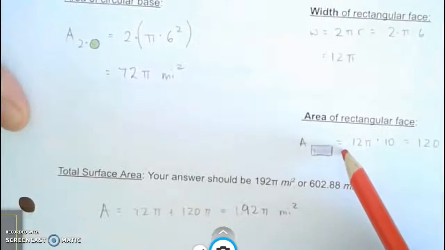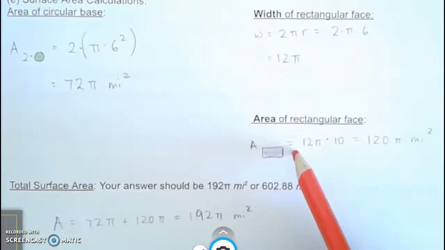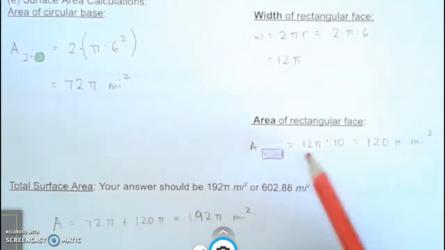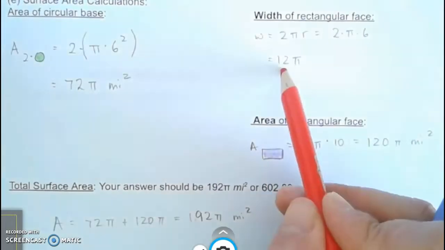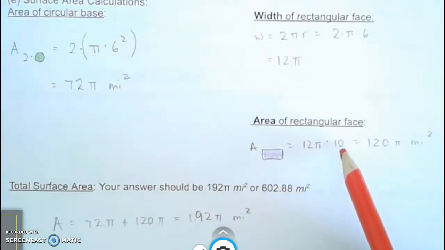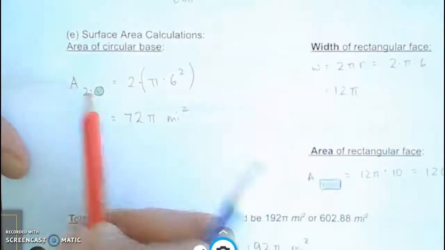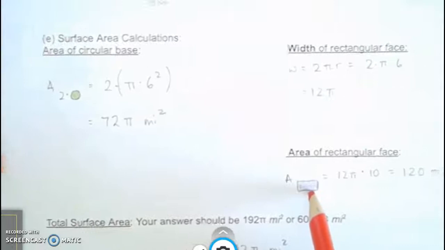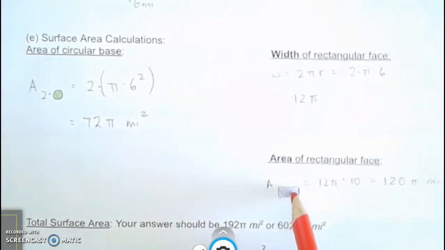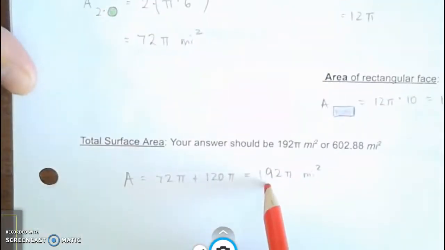And the area of the rectangular face, the lateral side, is 12 pi, the width, multiplied by the height, which is 120 pi miles squared. So the total surface area is you just add the surface area of the 2 circles plus the surface area of the purple rectangle, and that leaves me with 192 pi miles squared.